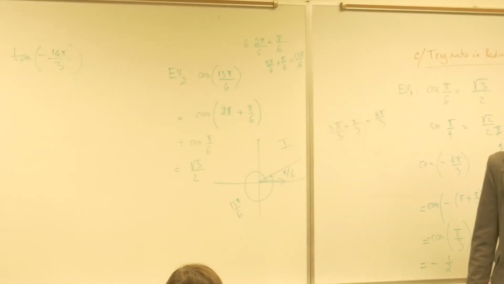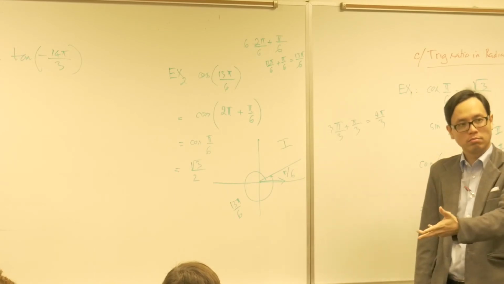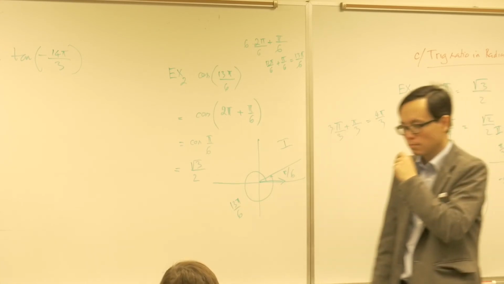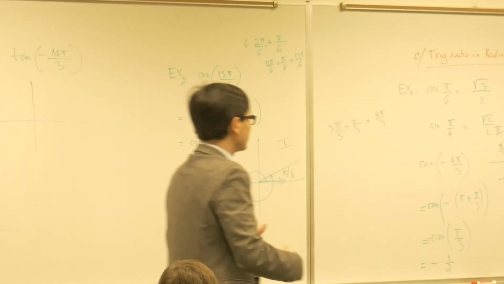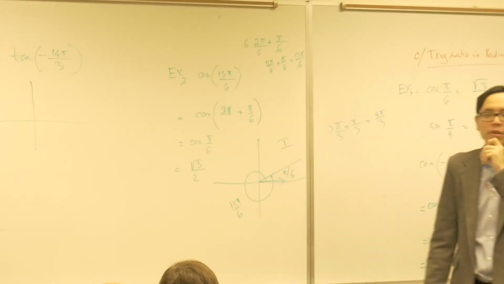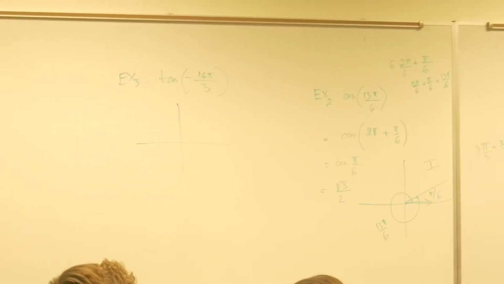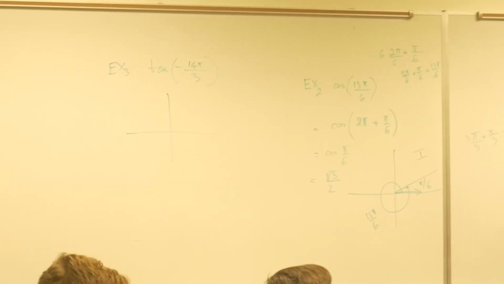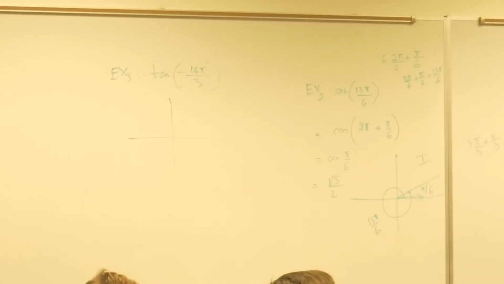I know it's a negative angle, so I have to go clockwise. But how much do I go? You must be able to convert it somehow to a special angle. How are we going to rewrite 14 pi over 3 so that it's related to a special angle in the table we learned?